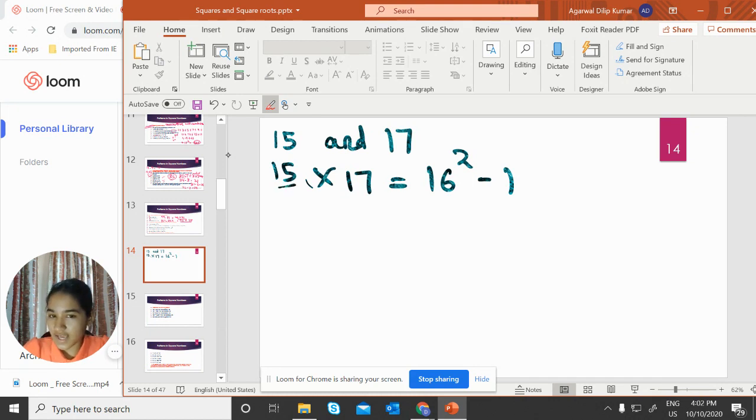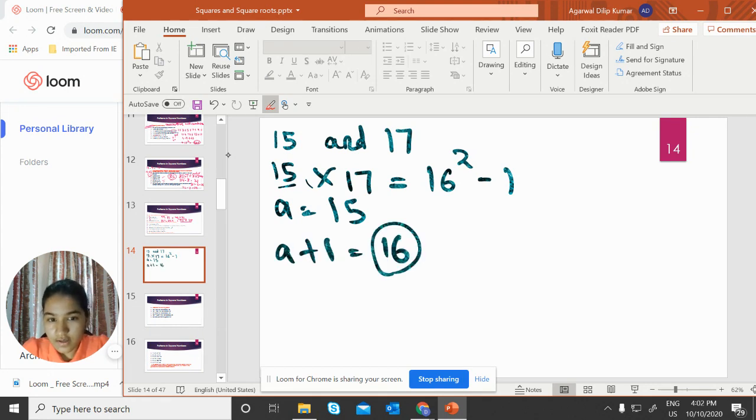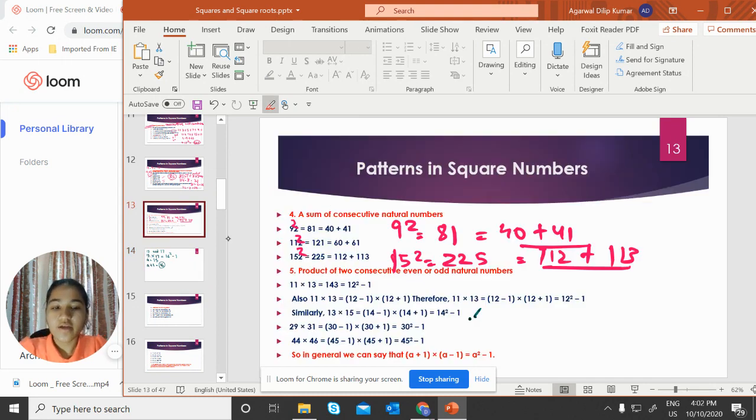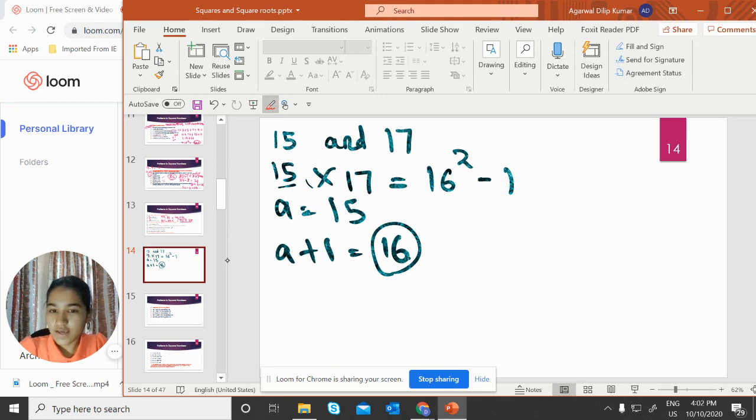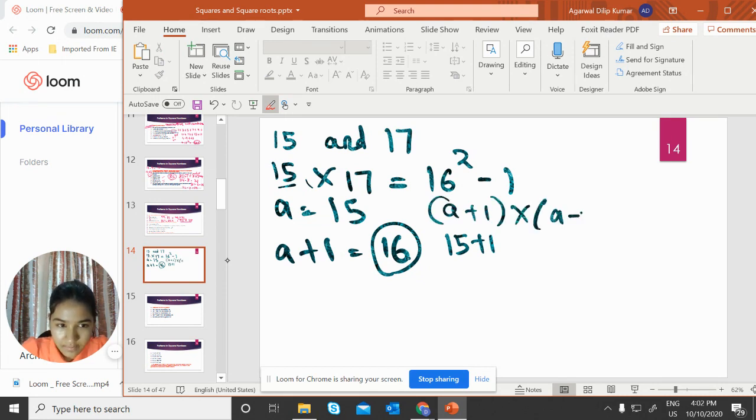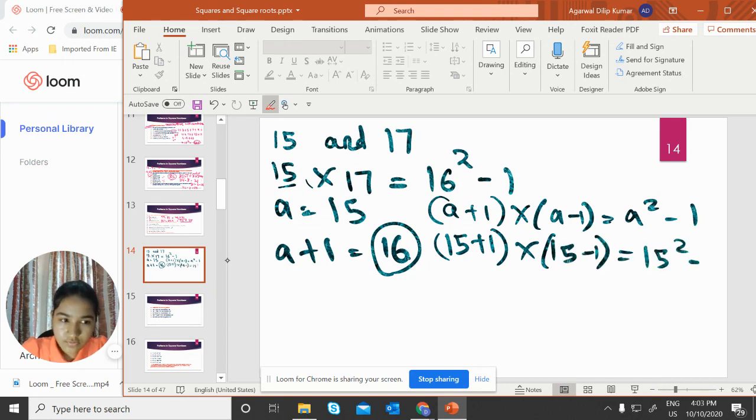Or we can say if we assume a to be 15, then a plus 1 is equal to 16. Right? So it says that a plus 1 into a minus 1 is equal to a square minus 1. That means 15 plus 1 into 15 minus 1 is equal to 15 square minus 1.